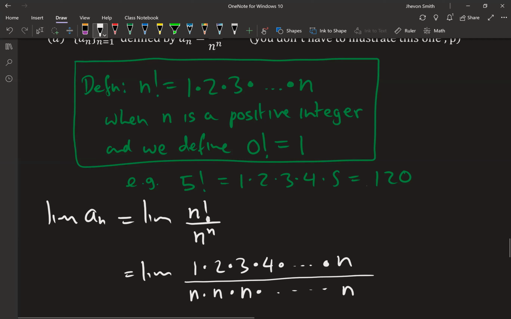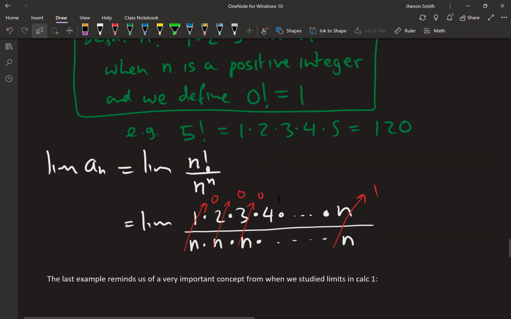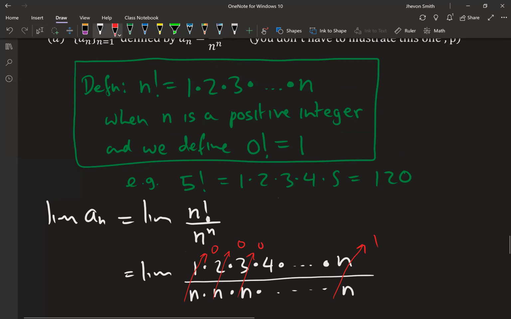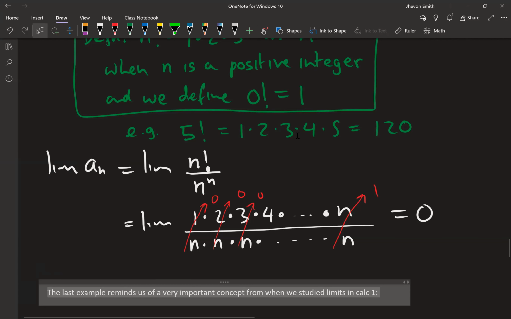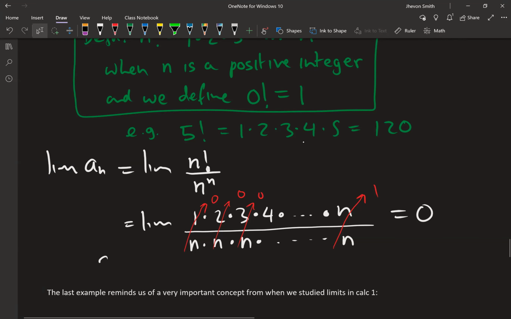So when n is large, notice that it's going off to 1. However, for a smaller n, as n approaches infinity, these guys are all going off to 0. So you have a bunch of zeros multiplied by 1. Essentially, you get the limit is 0. So here, it actually does converge. It turns out that a_n converges to 0.